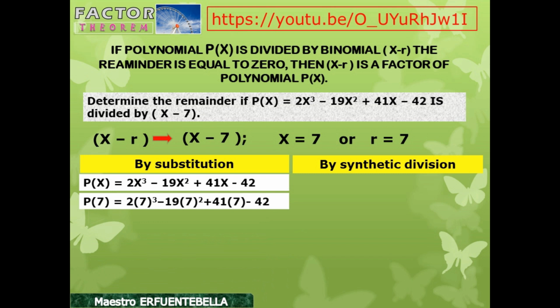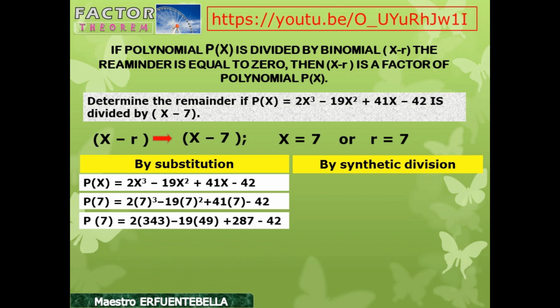If x equals 7, it equals the product of 2 times 7 cubed plus the product of negative 19 times 7 squared plus the product of 41 times 7 plus negative 42.